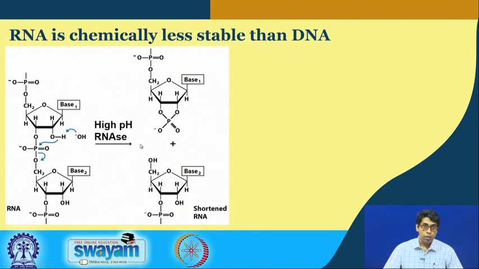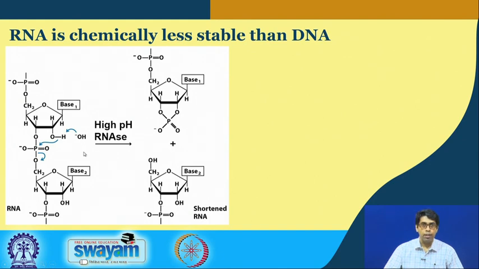We also learned that RNA is chemically less stable compared to DNA because of the presence of the OH group at the 2' position. If the pH of the solution is high, then this hydroxyl group can attack the phosphodiester linkage, resulting in its disruption, so the RNA chain is broken.